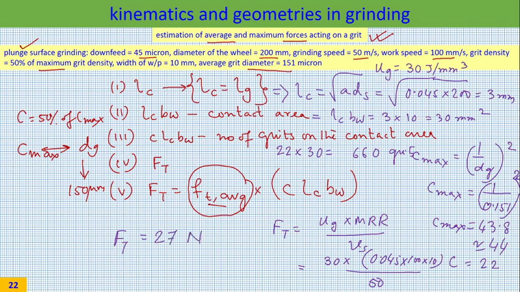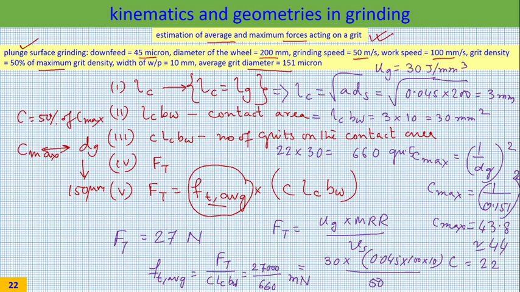So FT comes out to be 27 Newton. After this, you have to calculate FT average, and FT average would be FT divided by C LC BW. So this is 27 Newton divided by 660. Instead of expressing it in Newton, I will express it in millinewton, so I can put 3 zeros here.